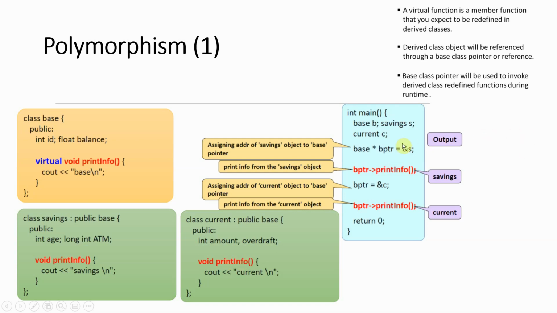The same story is going to be valid if this was a reference variable. So if you had, for example, base ampersand bref equal to s, if you say bref dot print_info, now it's going to call this one instead of this. The same thing is true for reference variables.